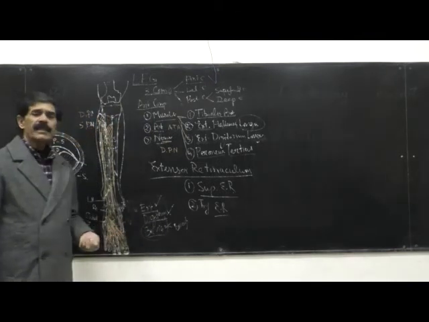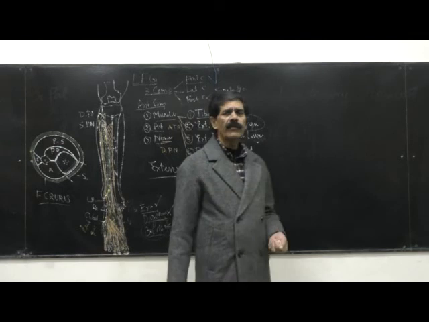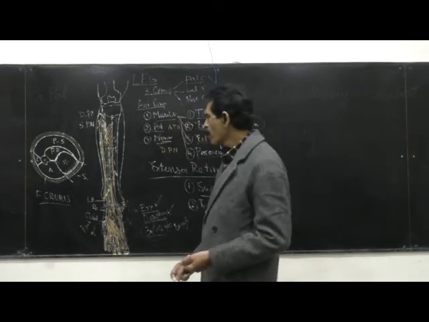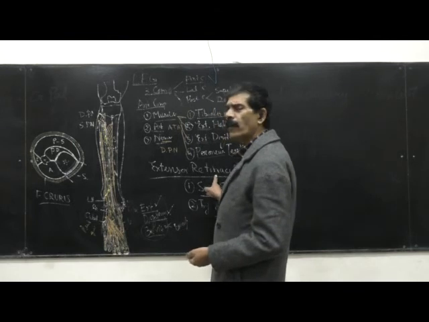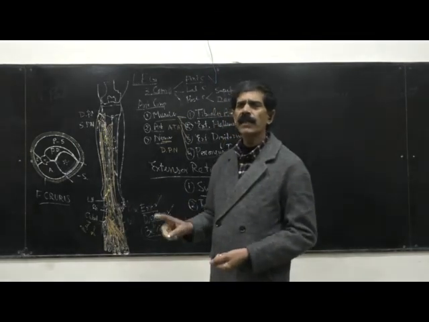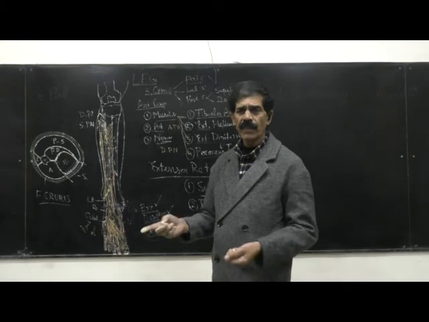The superior extensor retinaculum is a broad thickening of the deep fascia or the fascia cruris. And the word retinaculum means they retain; the function of the retinaculum is they retain the tendons of the muscles while they are acting.